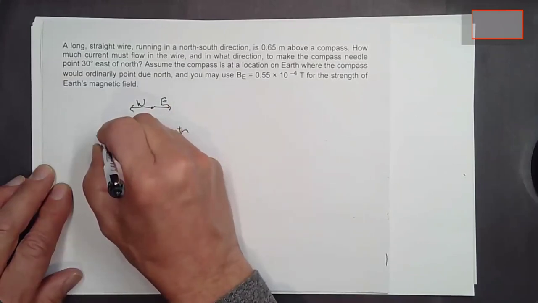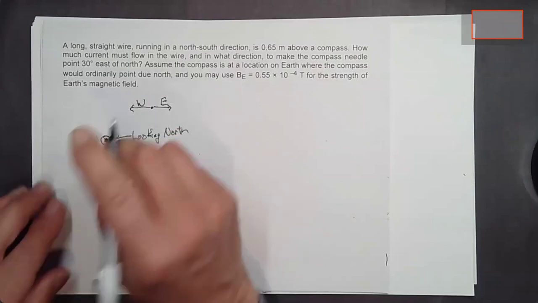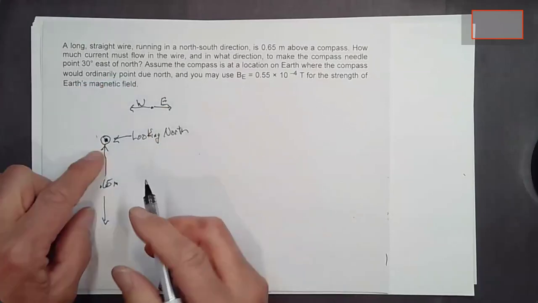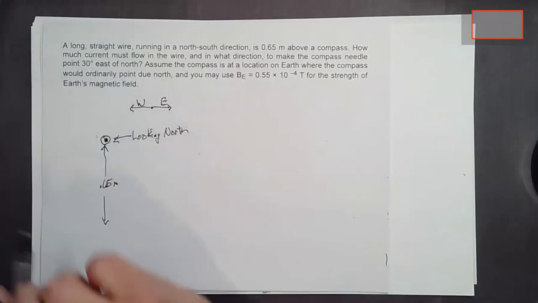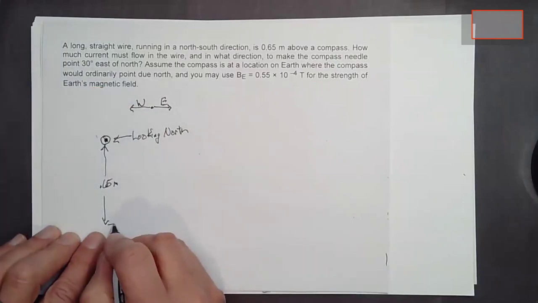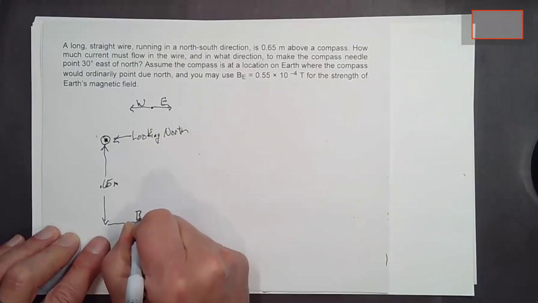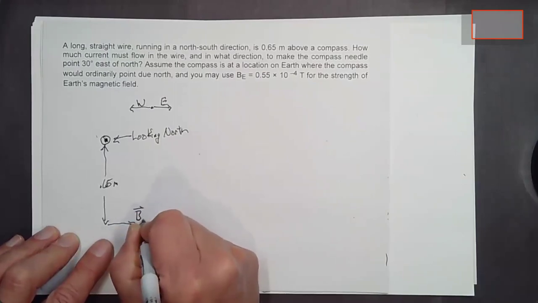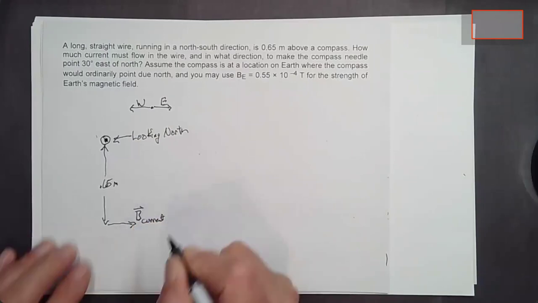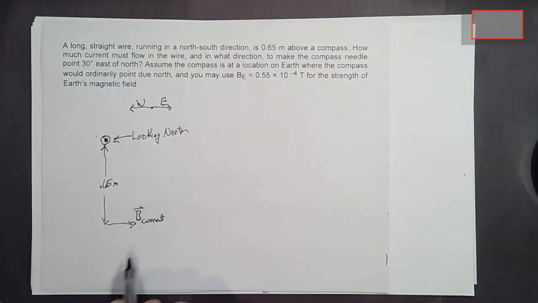So I need to draw a dot here, as the current is coming out of the page, and that will produce a magnetic field here. I'm going to call it B sub current, the magnetic field of the current.